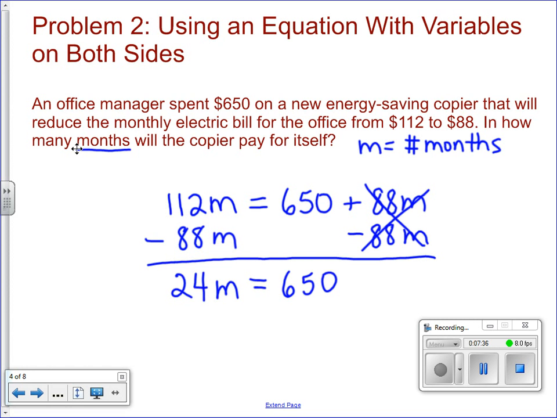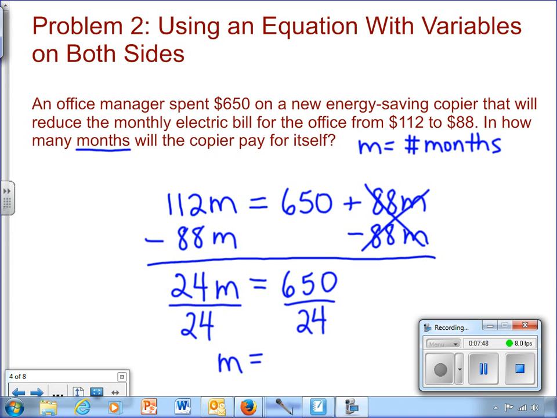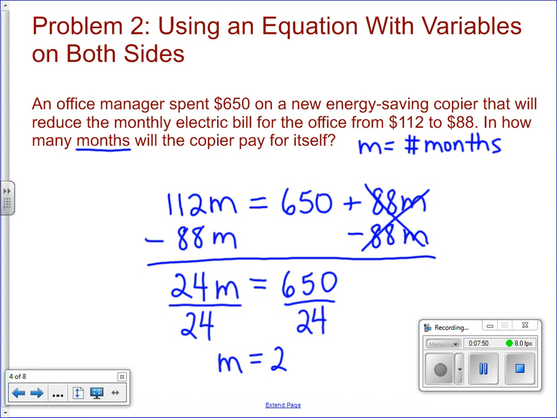So we have 24M is equal to $650. And then our final step is to undo the multiplication, so we're going to divide by 24. And M would equal, okay, this is not going to come out evenly. So it looks like 27.083 with a 3 repeating.